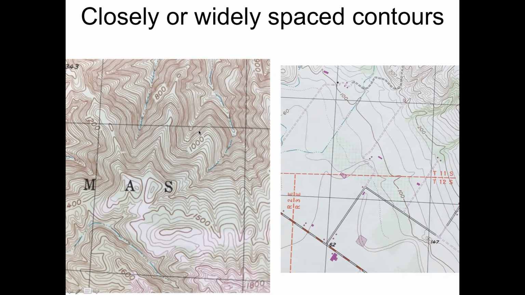When contour lines are spaced very, very closely together, there's a lot of change in elevation over a small distance. And that indicates that the slope of the land is steep. So when we have close spacing of our contour lines, this indicates a steep slope. Over here, where we have wide spacing between the contour lines, it means that the elevation is changing much more gradually over a distance.